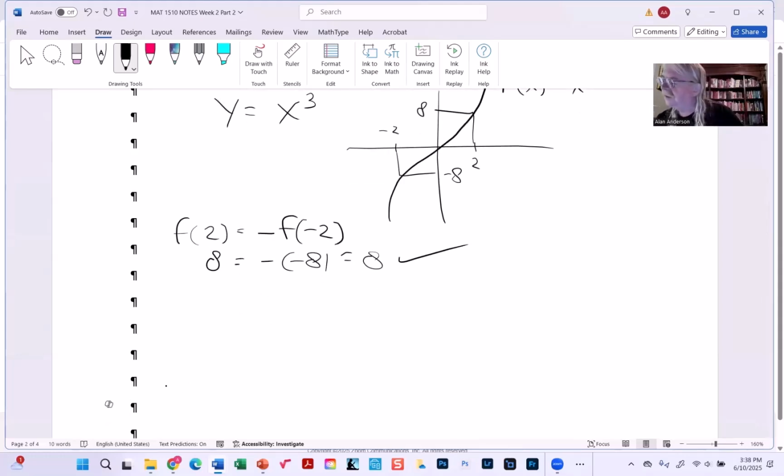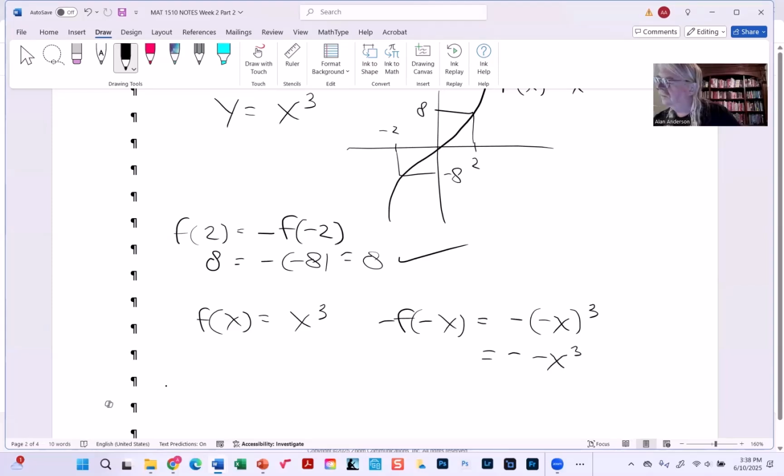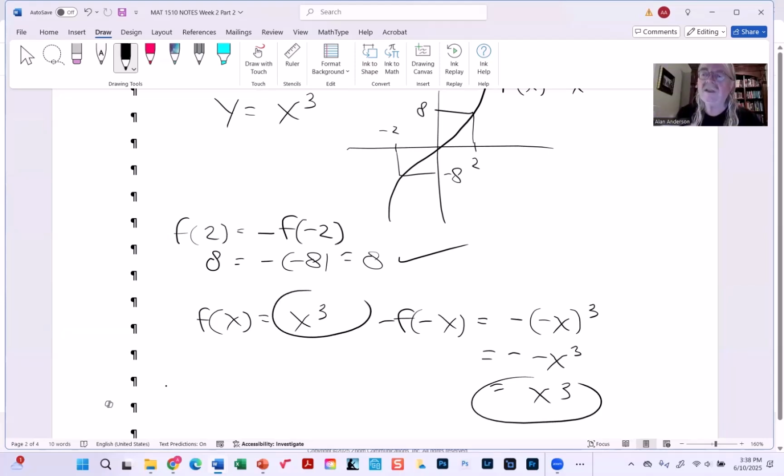So in other words, they're the same. So that means that y equals x cubed is an odd function.